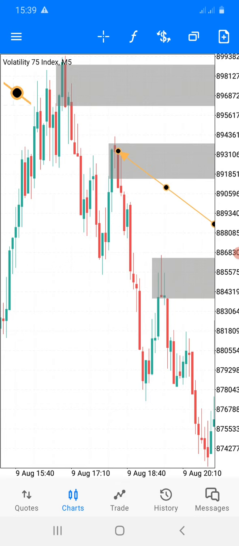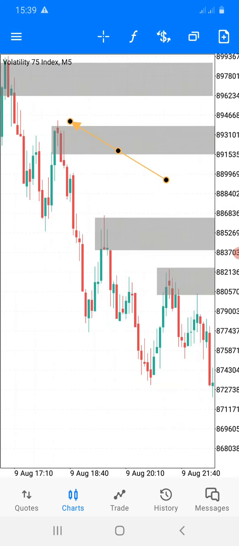Also at this place, we have a formation of an evening star, which is a candle with a wick, a little body, and then a wick. This is an evening star formation. And then here we have an inverted hammer.